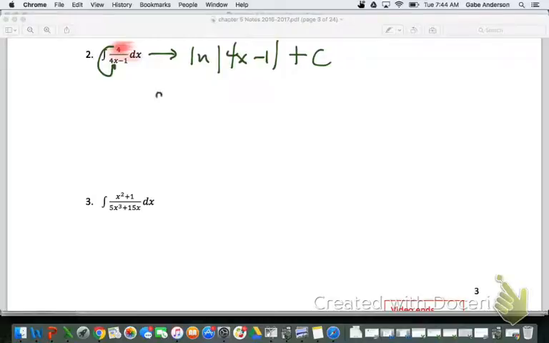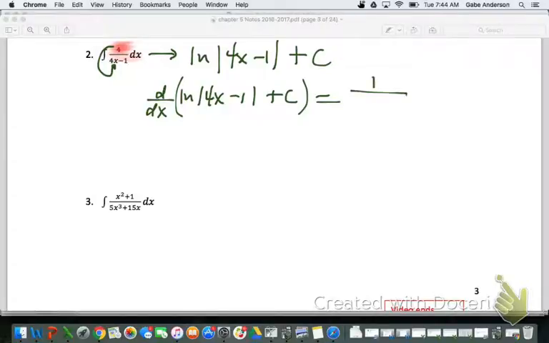So if I did the derivative of natural log of 4x minus 1, based on what we did in chapter 5.1, we would see something like this: 1 over the absolute value of 4x minus 1 times, wouldn't we have to multiply by the derivative of the inside?